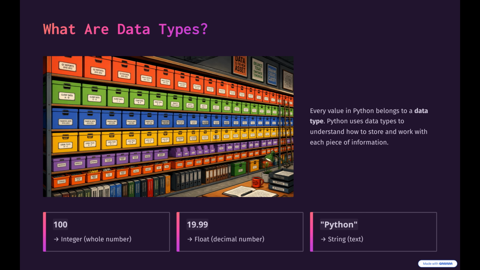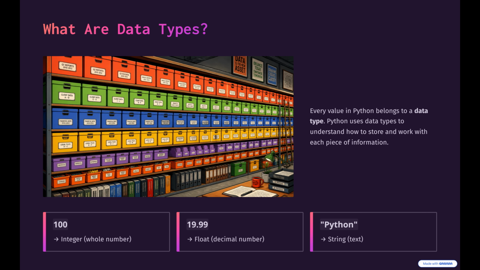Before we start creating programs, we need to understand what kind of information we can work with. In programming, every piece of data has a type. A data type tells Python what kind of value we are working with and how Python should handle that value.